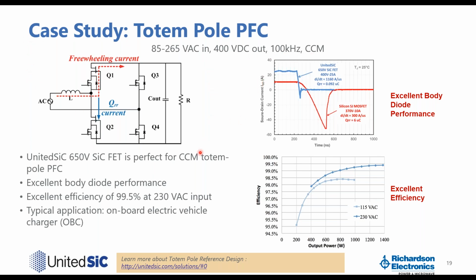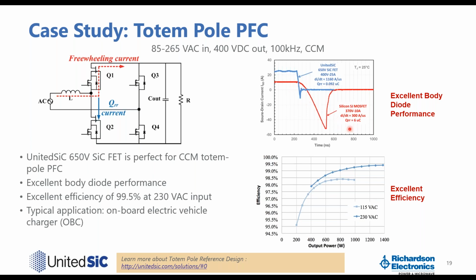So here's the circuit diagram, and the figure here shows the excellent body diode performance. The blue curve here is the UnitedSiC 650 volt silicon carbide FET. You can see how small the QRR is. It's only 92 nanocoulomb.